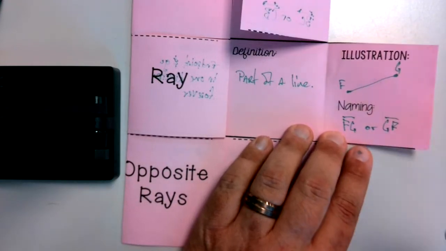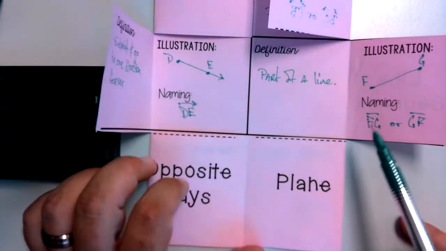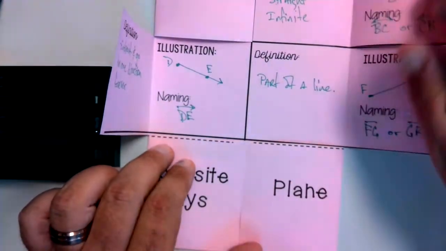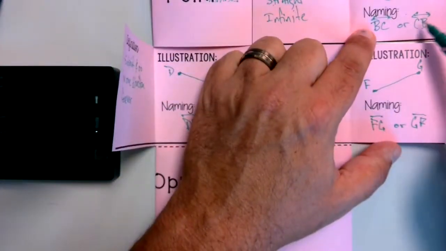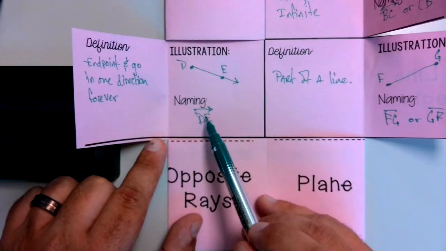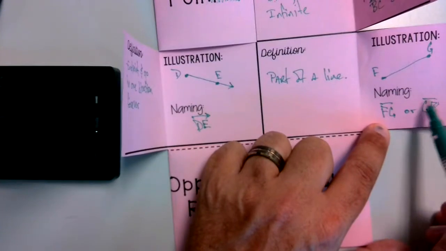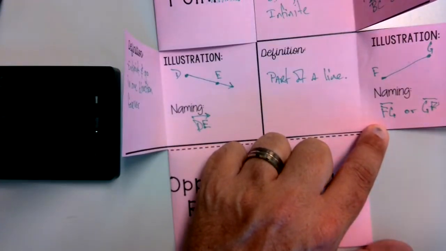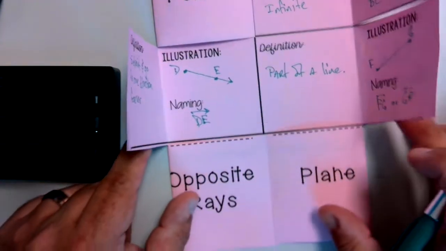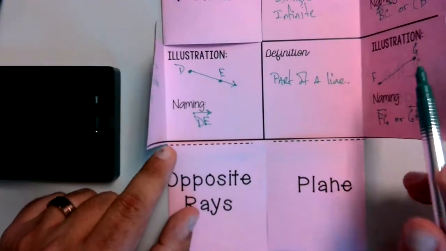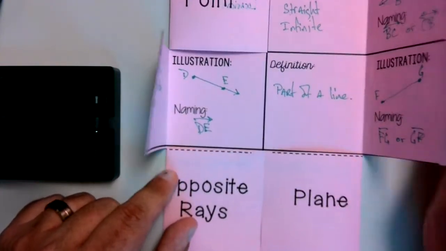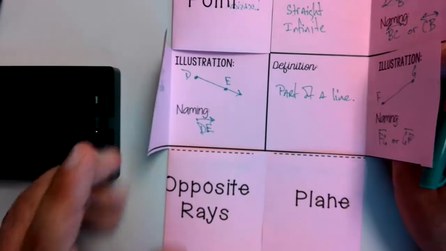Either one is fine. We can flip-flop those. The only ones we can't flip-flop are rays. Now notice when I'm naming these, when it's a line, I put a little line with arrows on it. When it's a ray, I put a little ray above the letters. When it's a segment, I put the segment above the letters. That's important so that we know what we're talking about. We want to make sure that when other people are reading this, they're clear about what we're doing.